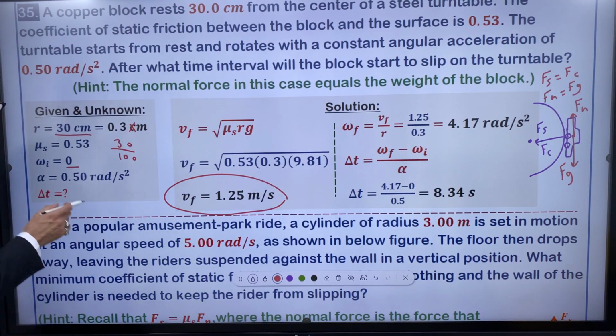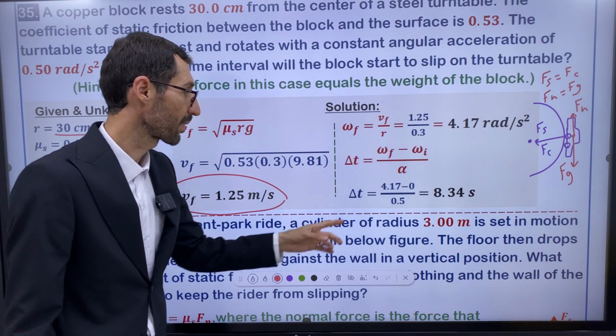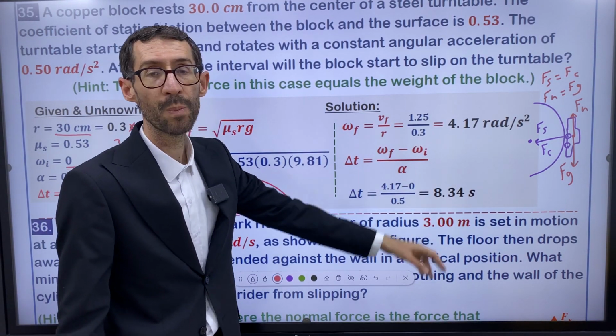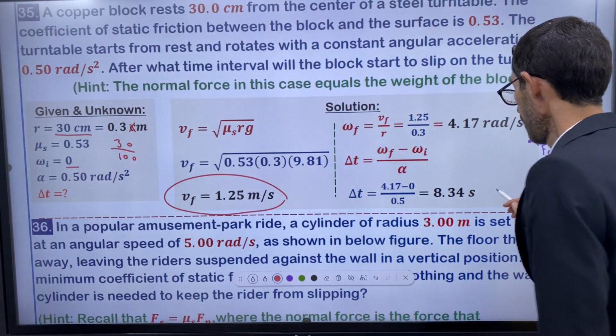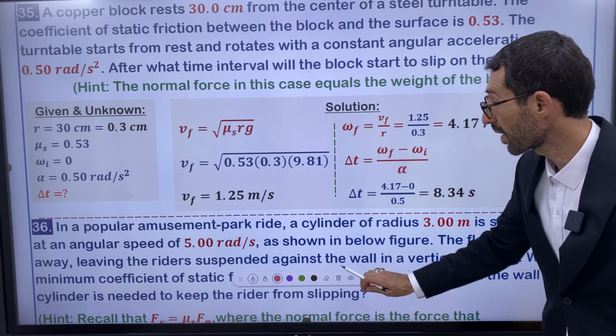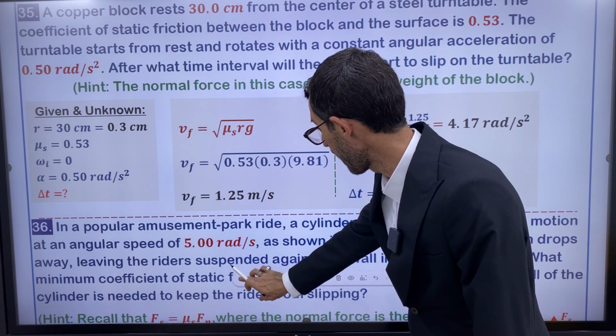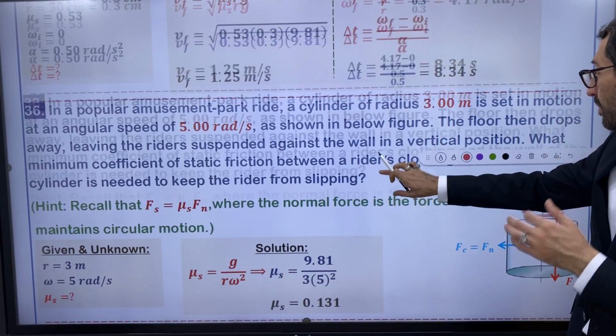Alpha is 0.5, and that's it. So the answer will be 8.34 seconds. That's it. This is about question 35. Let's move on to question 36.